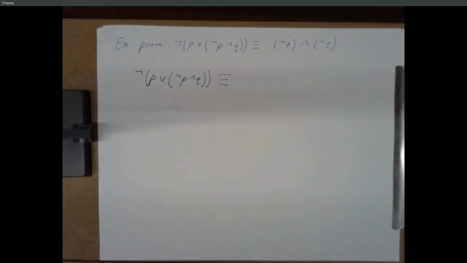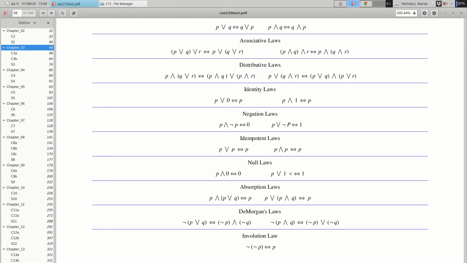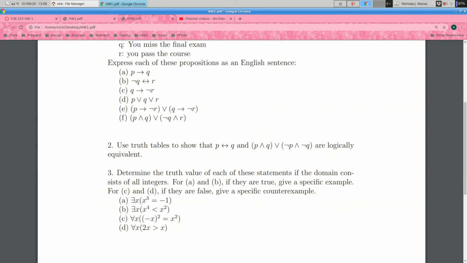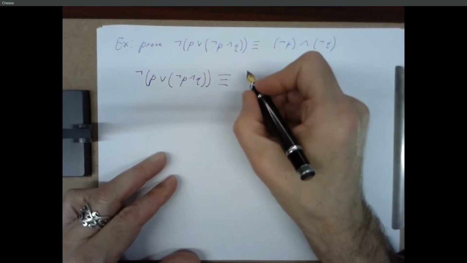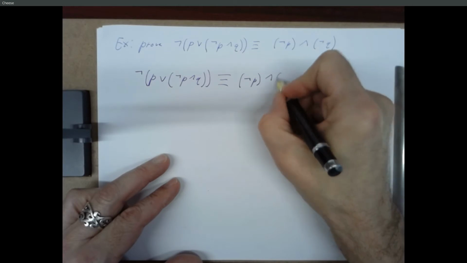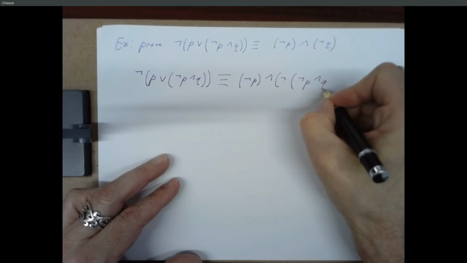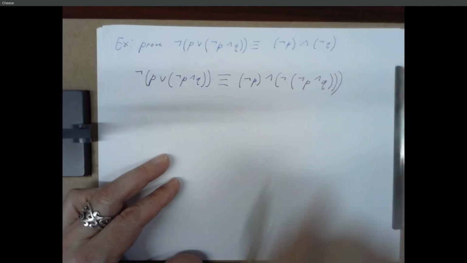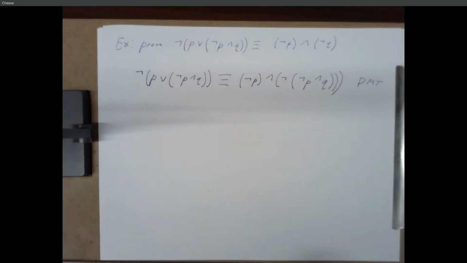So let's do De Morgan's. De Morgan's theorem strictly says the negation of parentheses P or Q is the same as the negation of P ANDed with the negation of Q. So the negation of this ORed with that would be the negation of P ANDed with the negation of the negation of P and Q. And the reason for that is De Morgan's theorem.